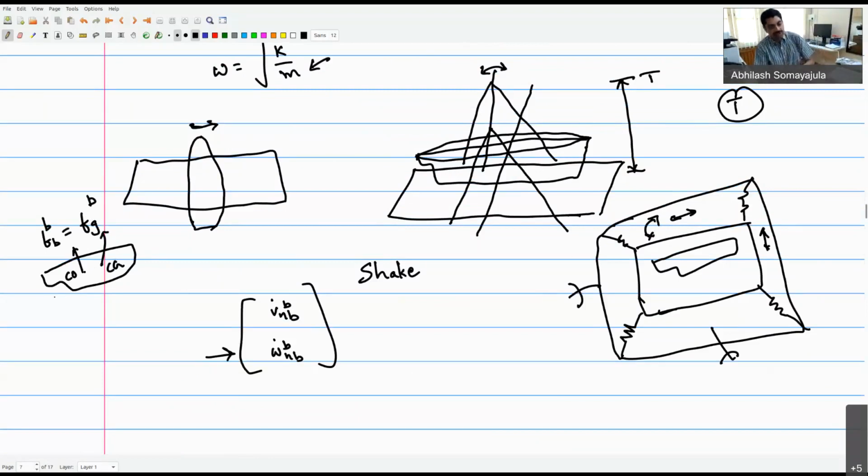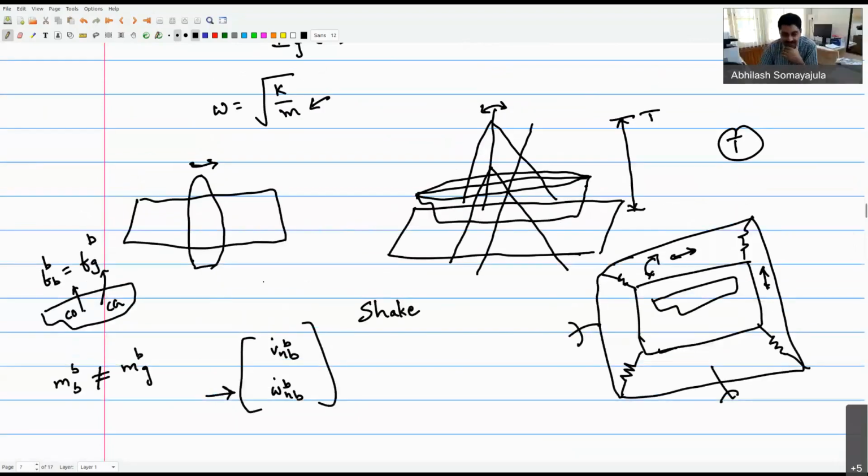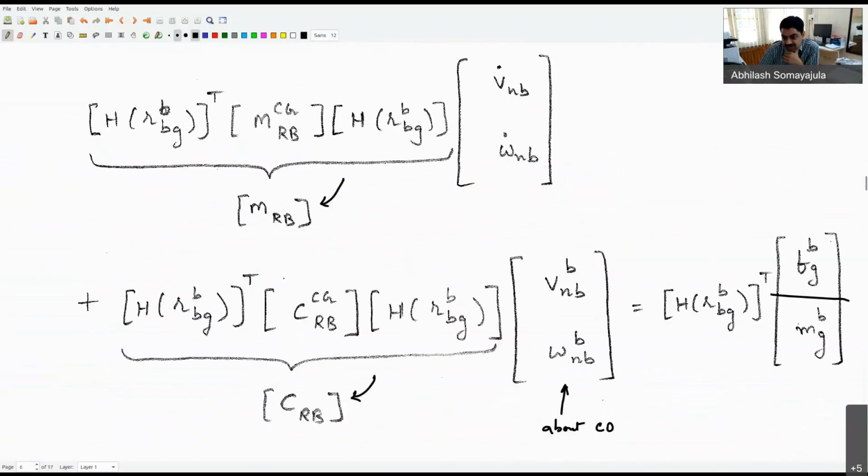Only the moment due to them will have to be accounted for. It's only in the moment that I can't say that M_B will be equal to M_G. This will not be the case. But the force will have to be the same. So that's why you're seeing that the force comes out to be the same by this multiplication which you did, H transpose times this matrix.